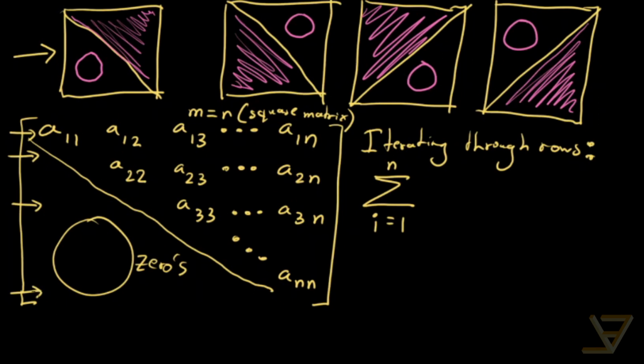So we do go through all the i's, whereas for the j's, for each row, we go from the ith value, so we start at i in each row, and we go all the way through to n.